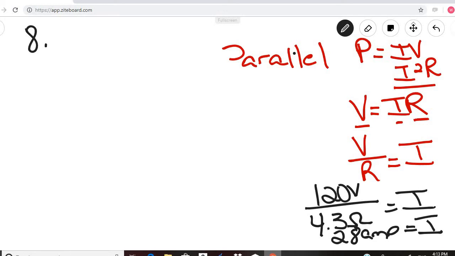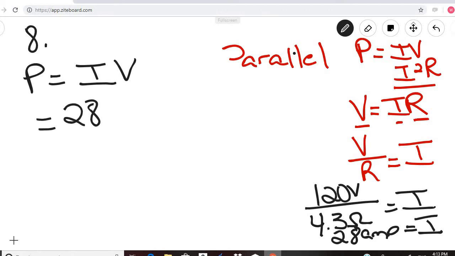So power is equal to I times V. We just calculated the I as 28 amps, and the voltage was 120 volts.